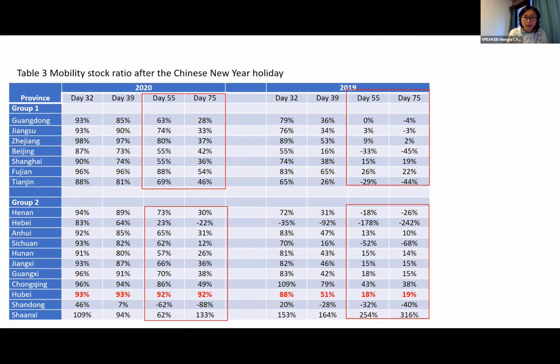But in 2020, on day 55 it is still 50% to 80%, meaning people are still staying in their hometown. Particularly, I would like to point to Hubei province, the epicenter. The mobility stock ratio doesn't change after the holiday. It remains at 92% over time.